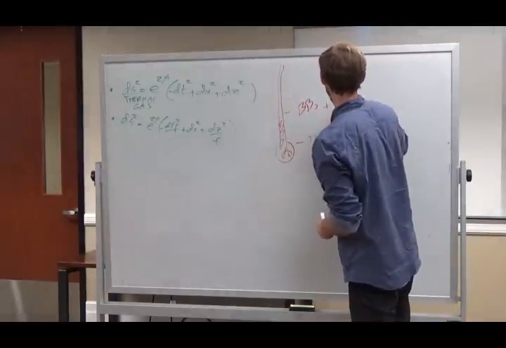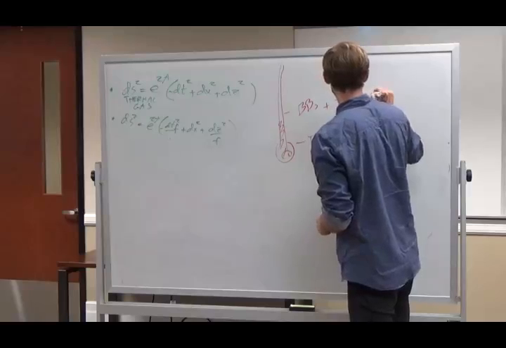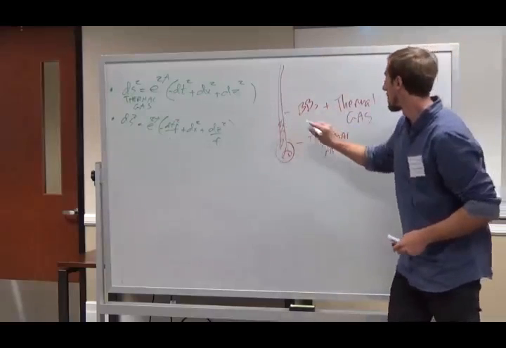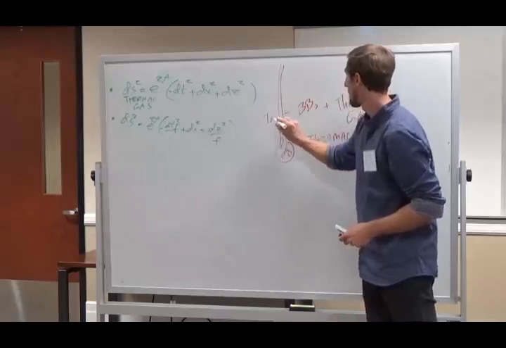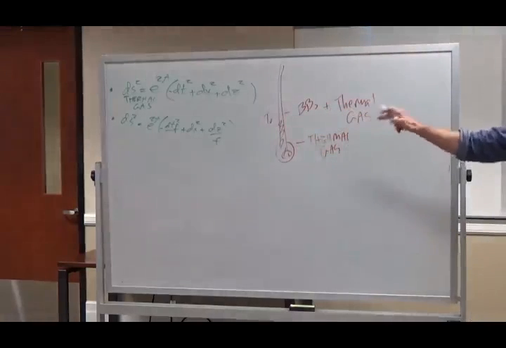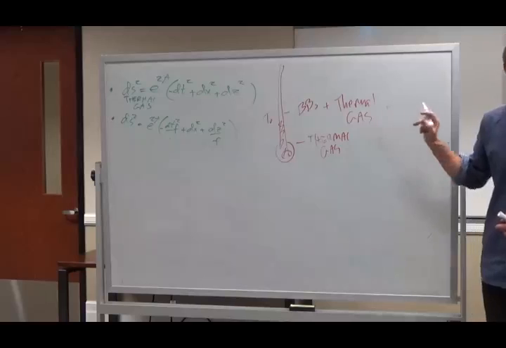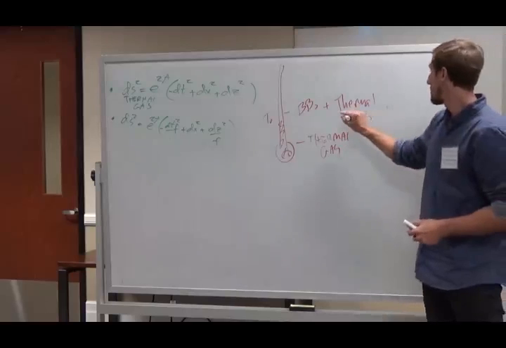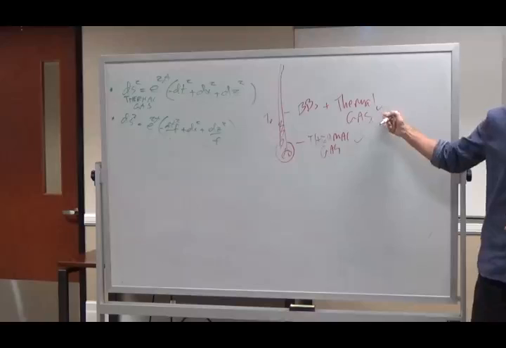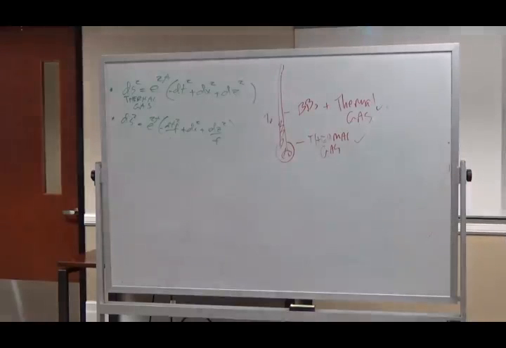There's always the thermal gas solution. And for these temperatures, what I'll call T naught, even though the black branes coexist with the thermal gas solution, thermodynamically, the free energy of the thermal gas is lower, and this is the preferred state.